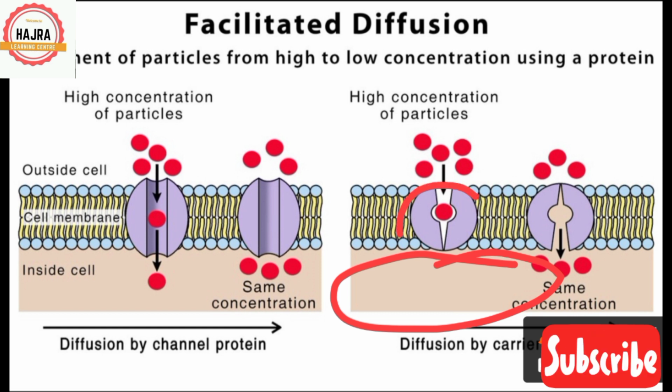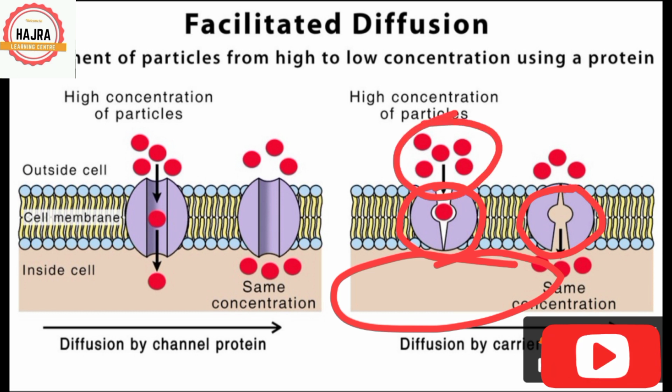So the purple ones, the carrier proteins, will make a bond with these molecules. They will take them from the higher concentration towards the lower concentration. This is called facilitated diffusion.